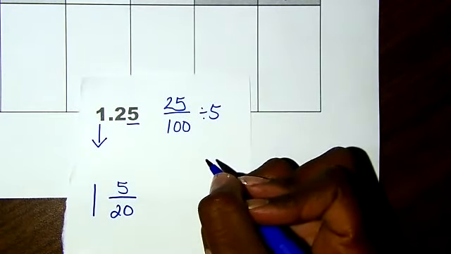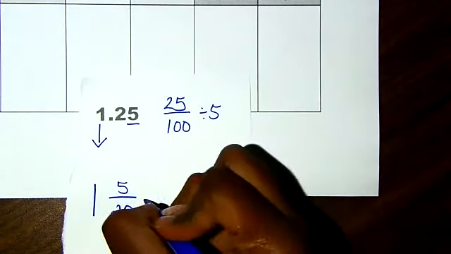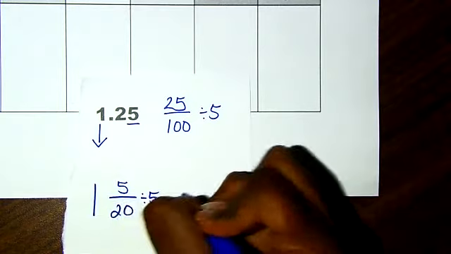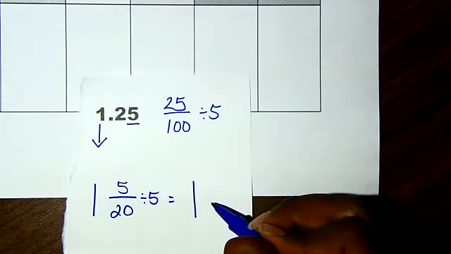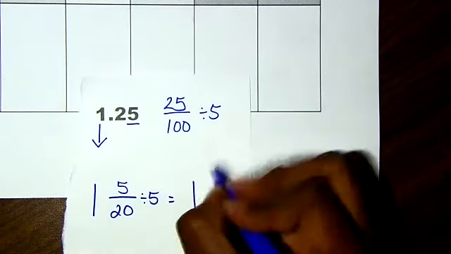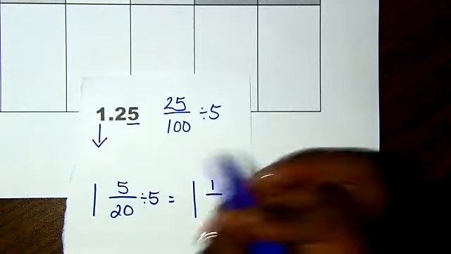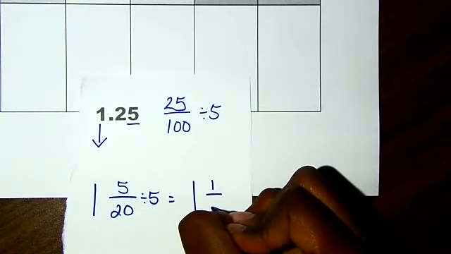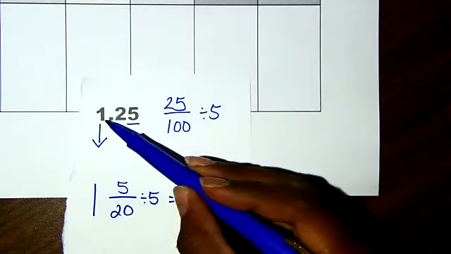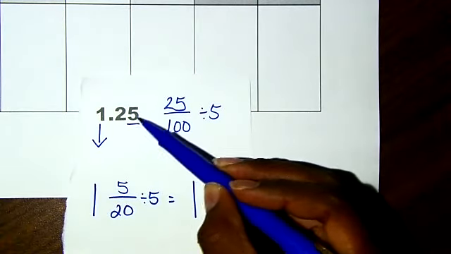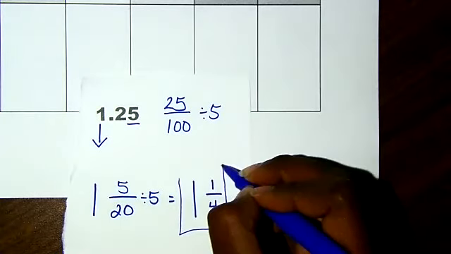I'm still not simplified. I still end in a 5 and a 0. So that means I can be simplified one more time. I'm going to bring my whole number over, my 1. 5 divided by 5 is 1. 20 divided by 5 is 4. So 1 and 25 hundredths is equivalent to 1 and 1/4.